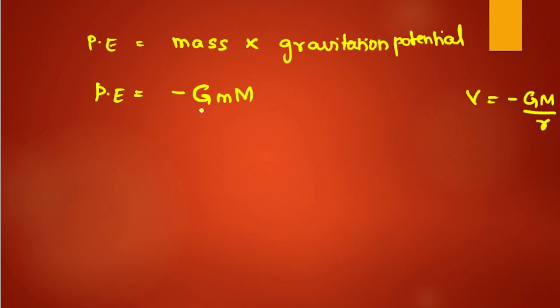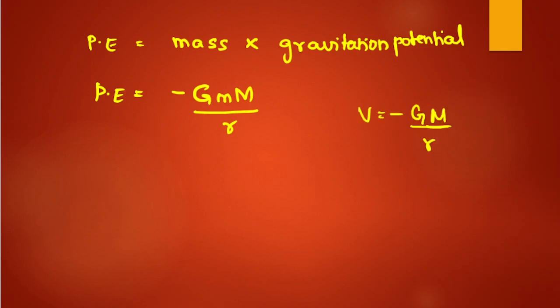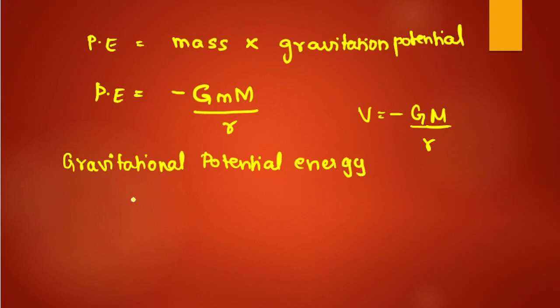Because here we are multiplying it with mass also, right? Your gravitational potential energy is denoted by the letter U. So U is equal to minus G m by R.